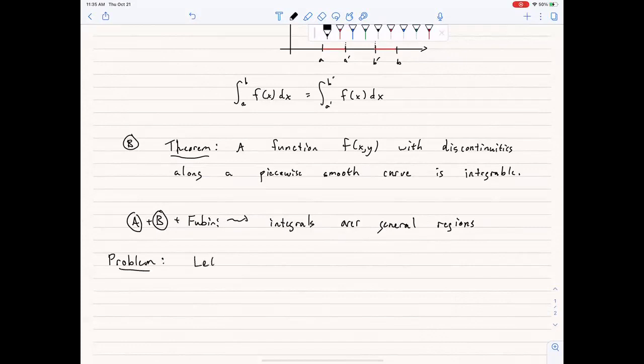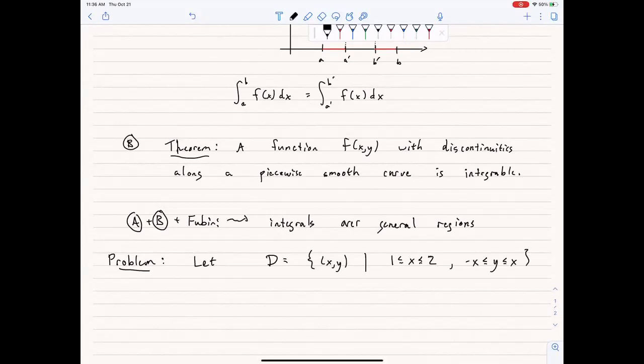So let D be the following domain. It's going to be the set of points x, y. I'm just going to use set notation here, but if you don't want, you can just think of the inequalities. x is between 1 and 2, and negative x is less than y is less than x.